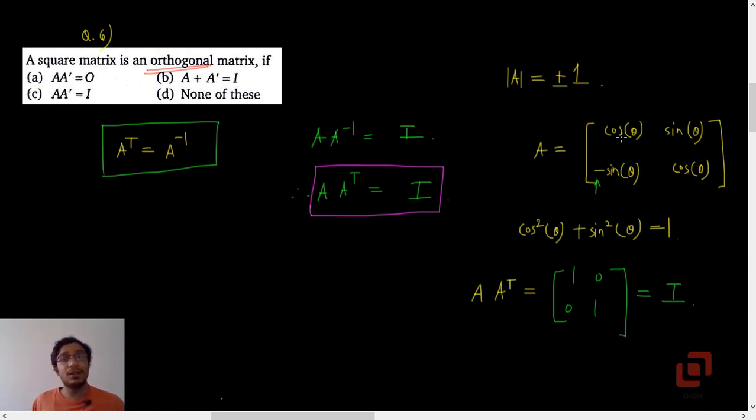Now, they will not give you theta, sorry, they will give you some random theta, let's say pi by 4 or pi by 15, anything like that. But you have to realize that if it is orthogonal, then its transpose itself is its inverse. Because cos of pi by 15, which is 12 degrees, is not an angle whose trigonometric ratios are known to many students.